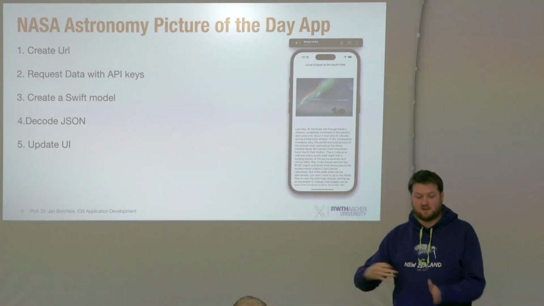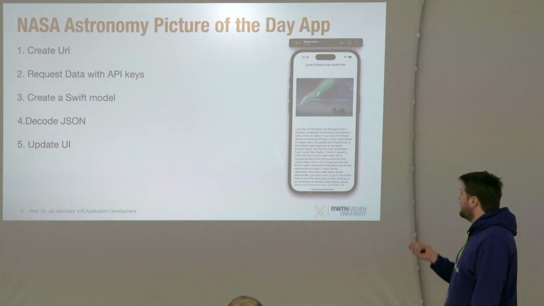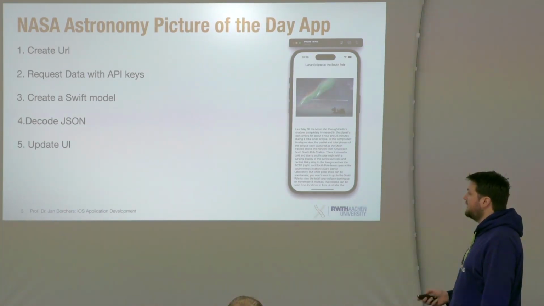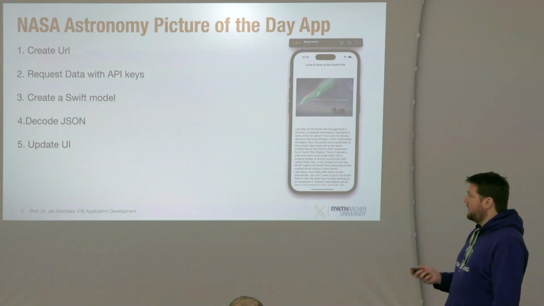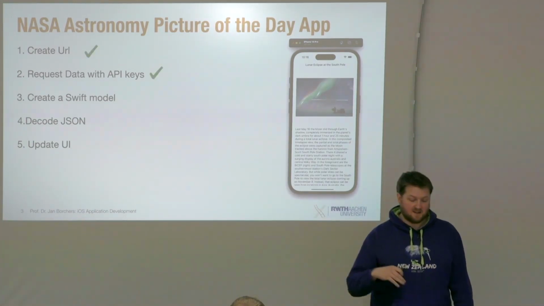And then last but not least, we will use all that to update our UI so that we have everything on our screen. So last week you already spoke about creating the URL and requesting the data.